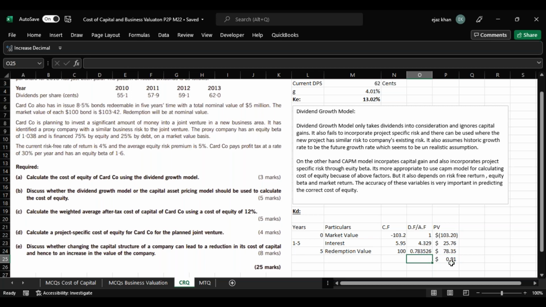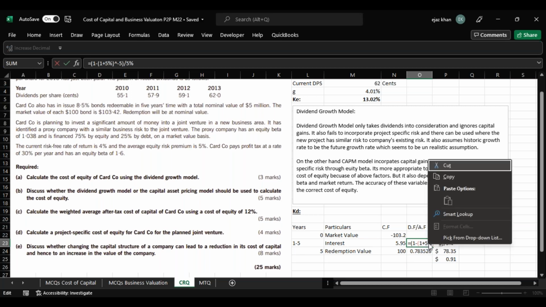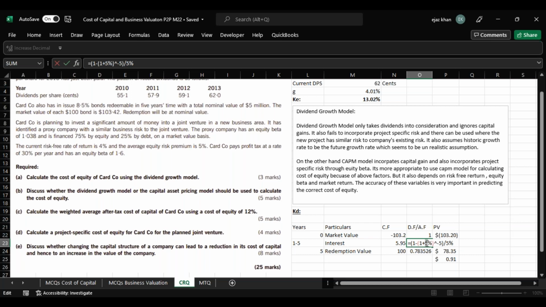Okay, I'm already getting it very close to 0. So 5% could be assumed as the IRR or cost of debt, but let us assume a lower value of interest so that we get a reasonably positive value.